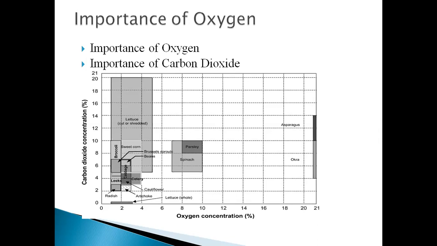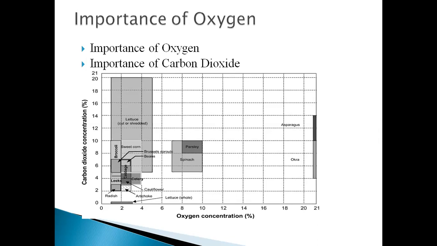This diagram shows the different oxygen and carbon dioxide concentrations for different plants. The oxygen concentration and carbon dioxide concentration depend on the type of plants. For example, for radish, the oxygen concentration should be between 1 to 2%, and carbon dioxide concentration should be between 2 to 3%.